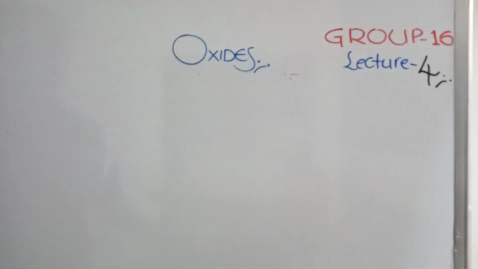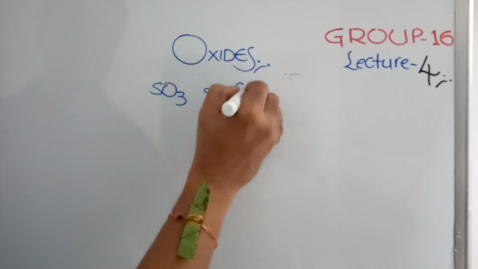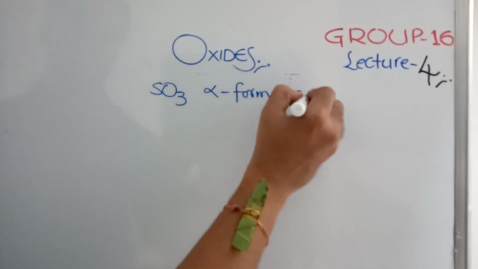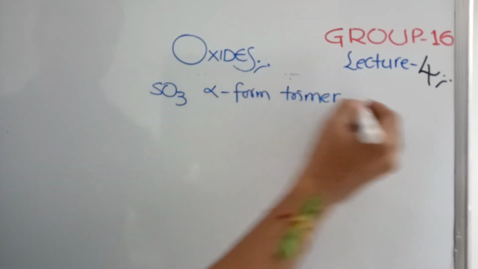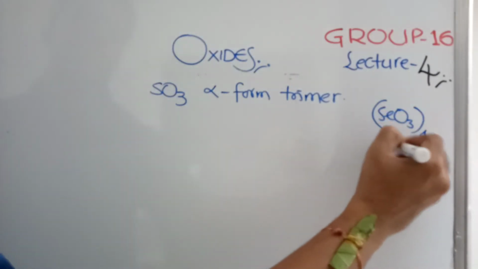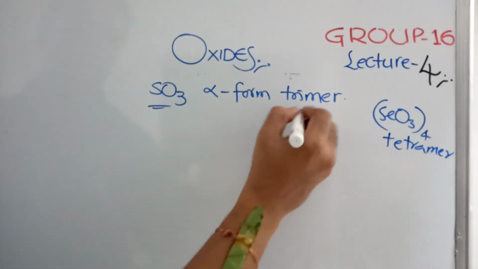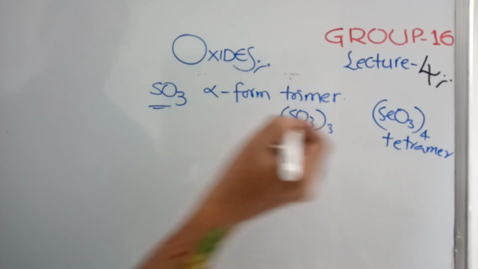About trioxides we are seeing. Sulfur trioxide, alpha form, it's a trimer form. Selenium trioxide will be tetramer. Similar type of structure like SO3. So a trimer means SO3 taken thrice, you can say.